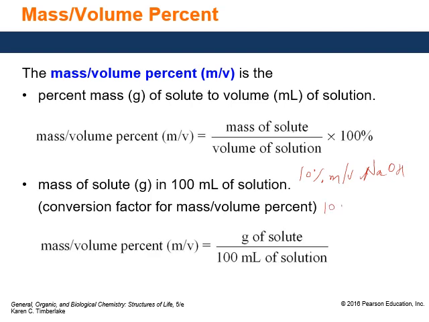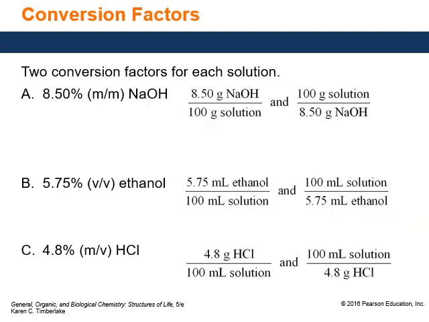It would be 10 grams of NaOH will be equal to 100 ml of the solution. Okay, again, maximum is taken out of 100. Okay, so this is again showing you that you could develop conversion factors based off of values that are given to you. Okay.